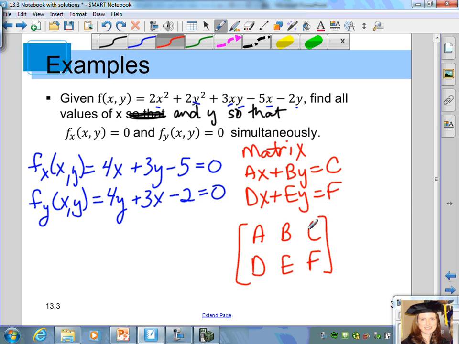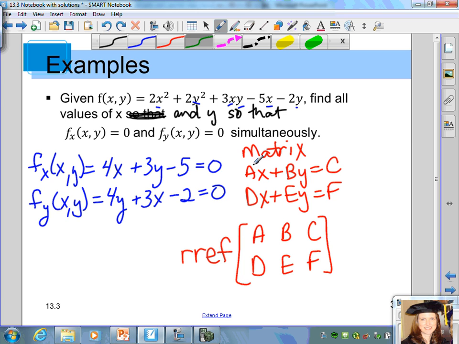This is going to be our matrix, and what we want to do is use a command on our calculator to reduce the row echelon form of this matrix so that we can determine the solution. I'm going to take you through step by step, going slowly, but once you get the hang of this, this ends up being a very quick method for solving systems of linear equations.